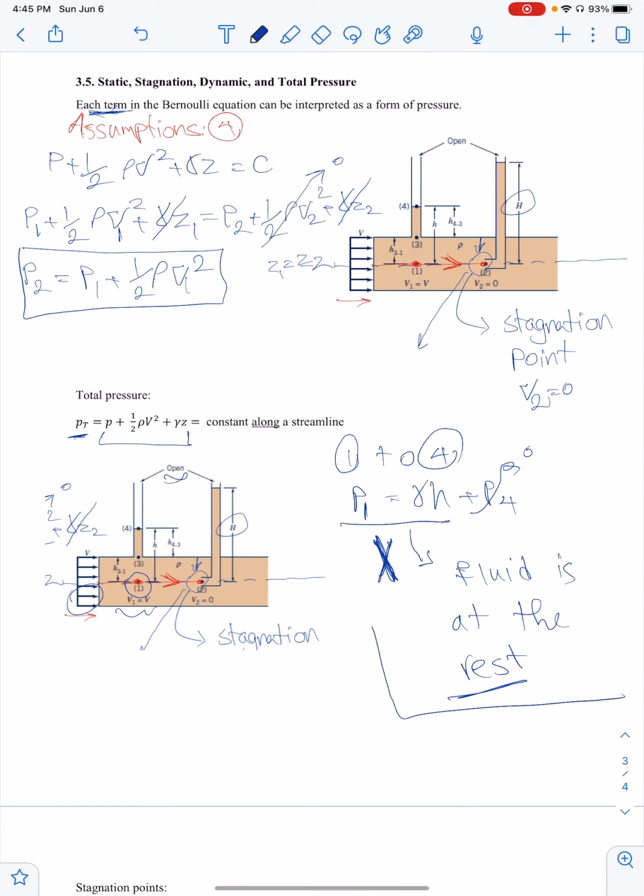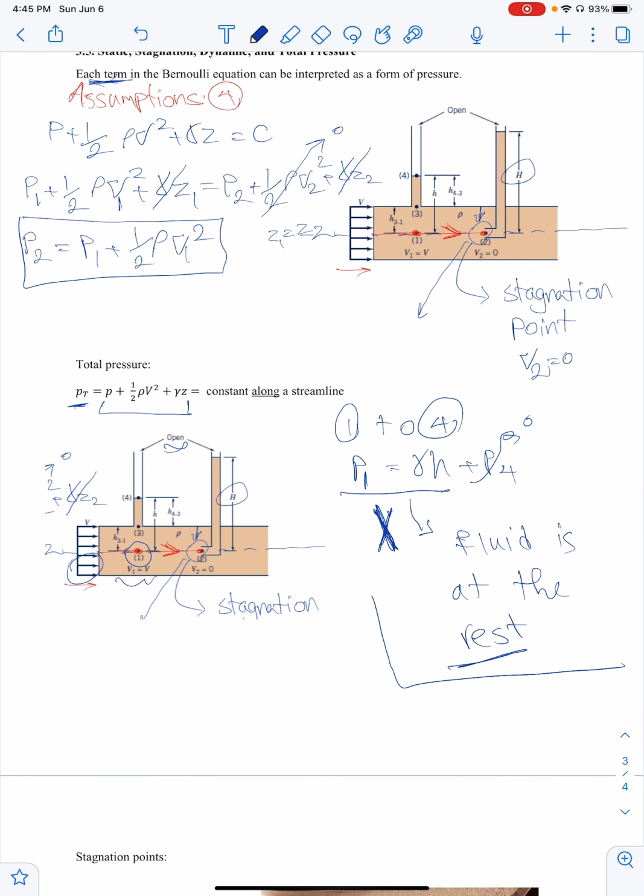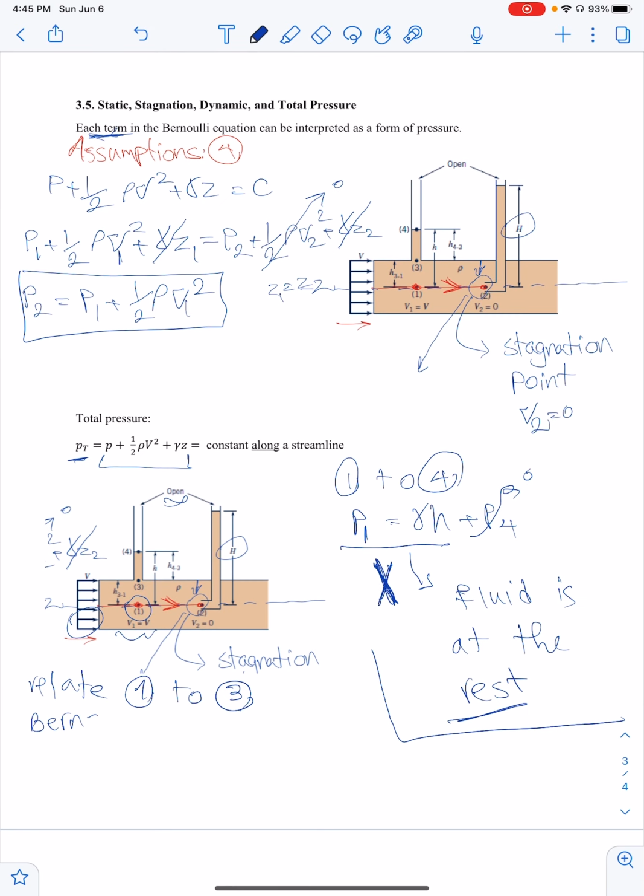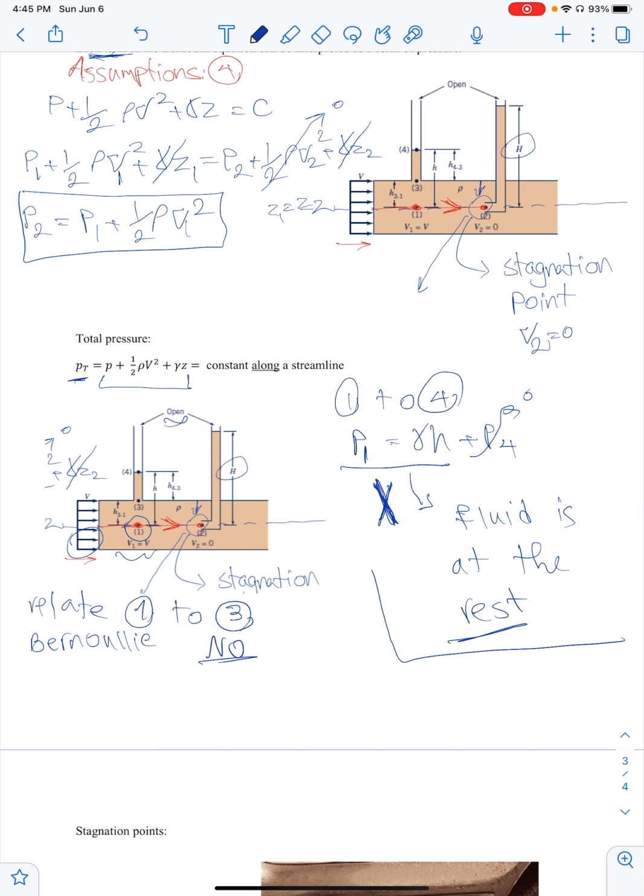Let's talk about one more thing. Can I relate point 1 to point 3 using Bernoulli's equation? Again, pause the video and think a little bit about it. So the answer again is no, we cannot do that. The reason is that we need to be careful about the assumptions that we made for Bernoulli's equation.